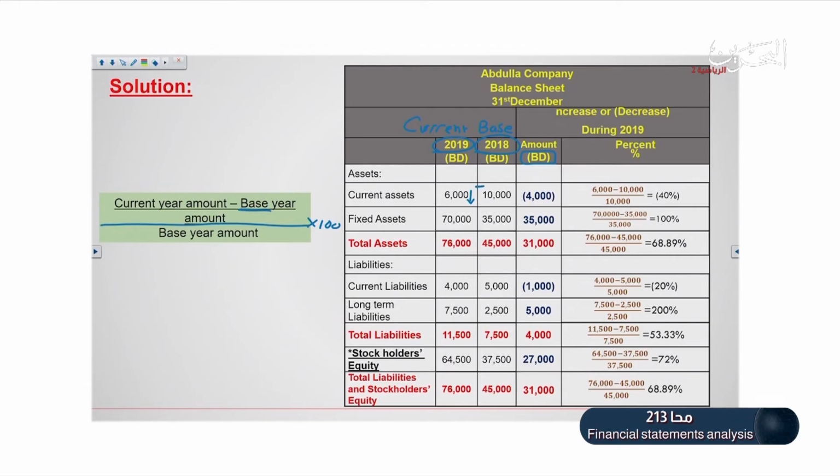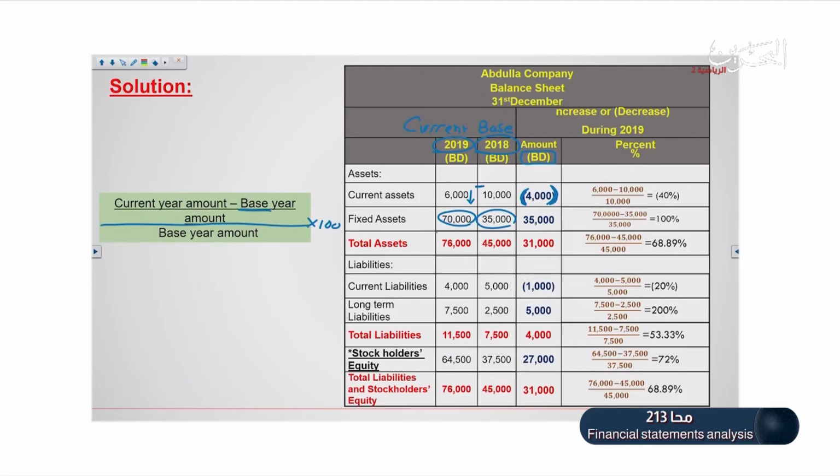10,000 minus 6,000 will give us 4,000. Okay, if the current year is less than the base year, the amount is minus, so we will put it between brackets. The same as fixed assets. We have 70,000 in the current year and 35,000 in the base year.